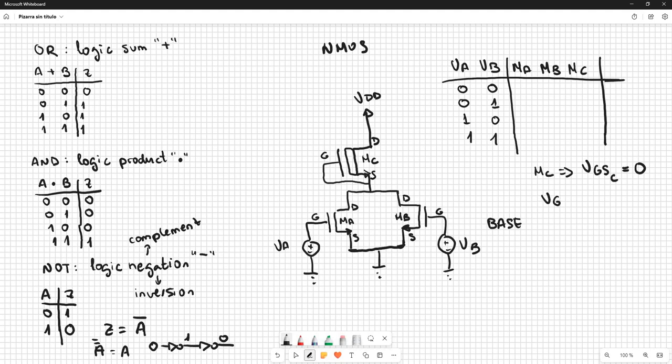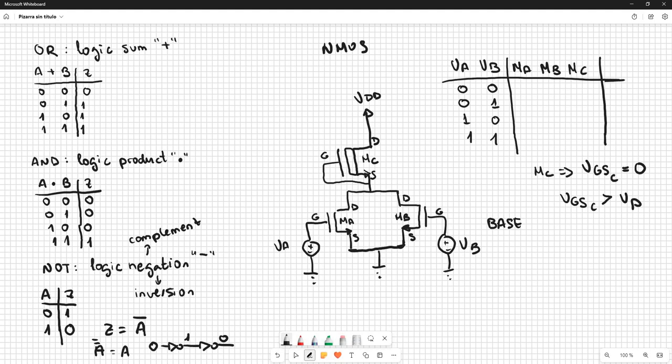Remember this. So this voltage is going to be higher than the pinch-off voltage, and we are going to have always a channel created here. So what happens?